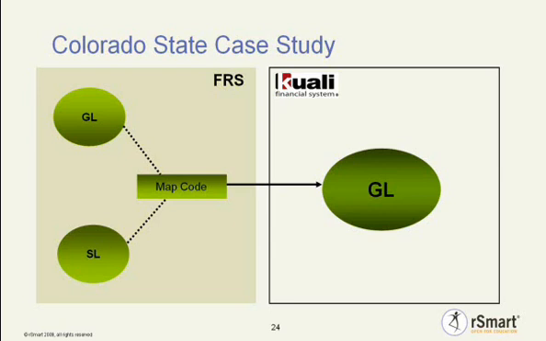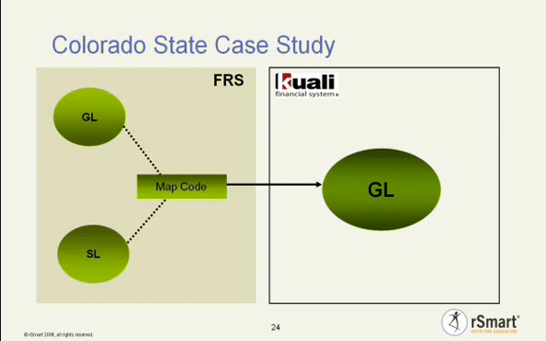Well, unlike FRS, Kuali only has a GL. It does not have the subledger. So we instantly had the issue of how do we take something where the concept needs to get from a further breakdown with having a subsidiary ledger and a general ledger and move it into a system that has everything in one ledger, which is the GL.